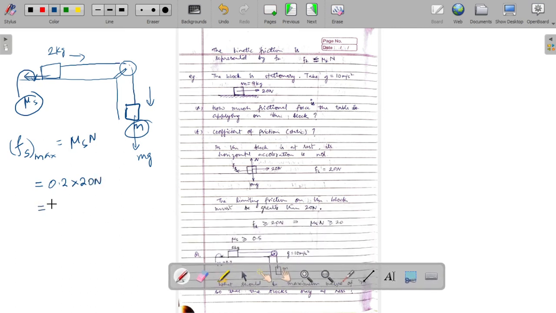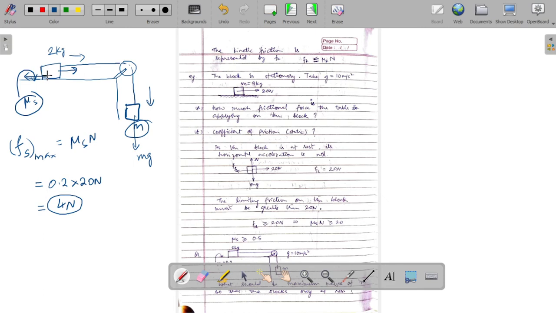So this would become 4 newtons. That means the force available to prevent the motion of the whole system is 4 newton. We cannot apply more than 4 newton, right? If the tension in the string exceeds 4 newton, the block would start moving.